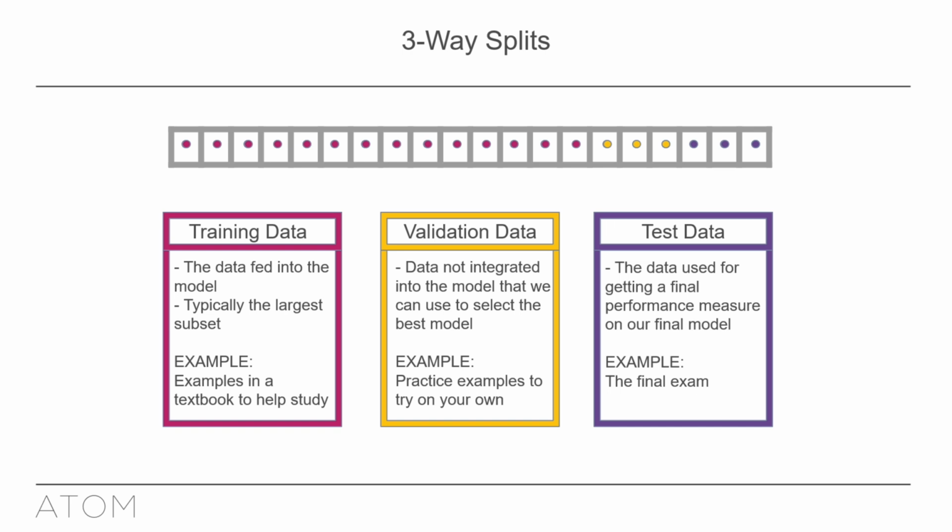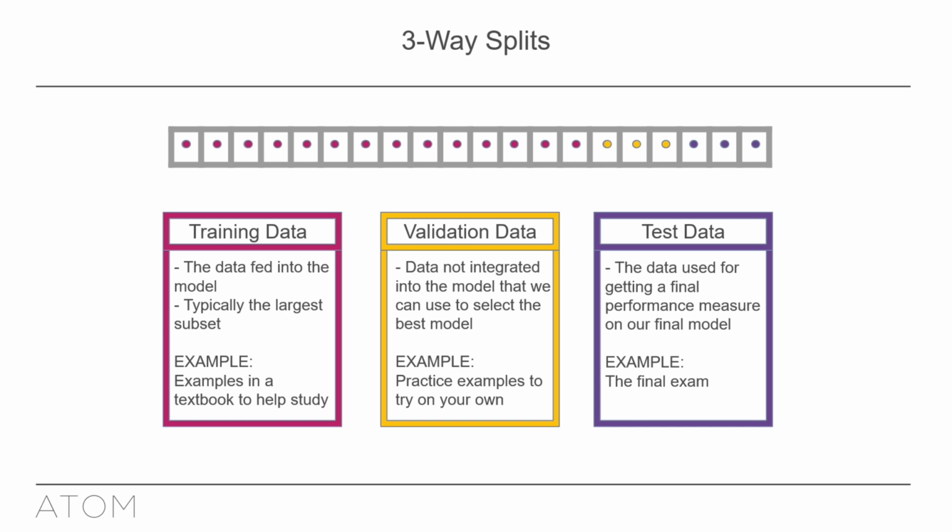The training data is usually the biggest subset, and it is the actual data that we will use to train our model. You can think of training data as an example in a textbook that is used to help the student study for an exam. Then we have the validation data, which the model is not allowed to use or train with, and that way, when we run it against our model's predictions, we can be sure that it hasn't seen this data before and it didn't just memorize its values.